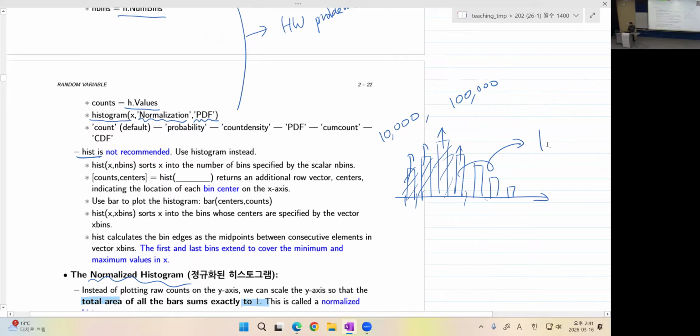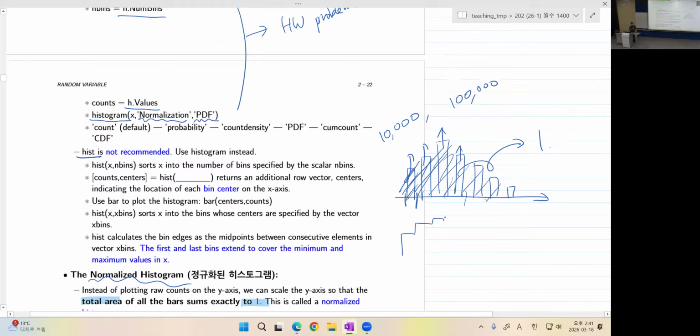Got it? So if you sum up the area of each rectangle, then you have 1. It looks very similar to what you already learned in high school, the PDF, probability density function. If you just leave the bin size fixed, then you will have some function like this, right?